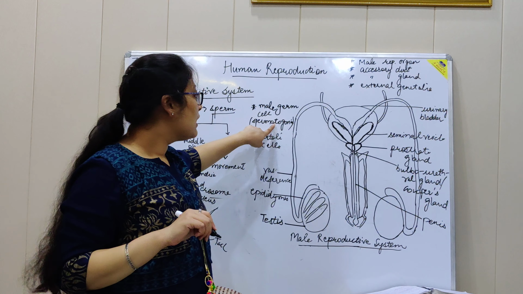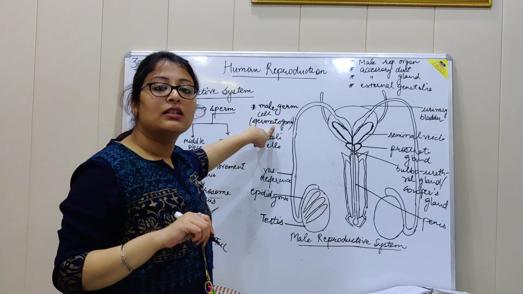Spermatogonia further mature into sperm, and Sertoli cells are the ones that provide nourishment to the spermatogonia.